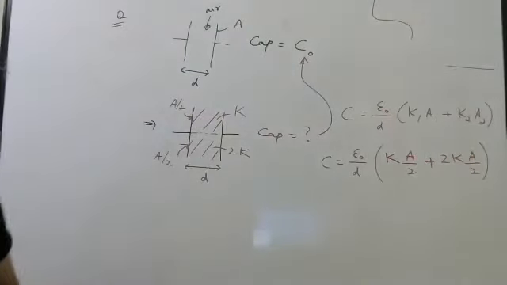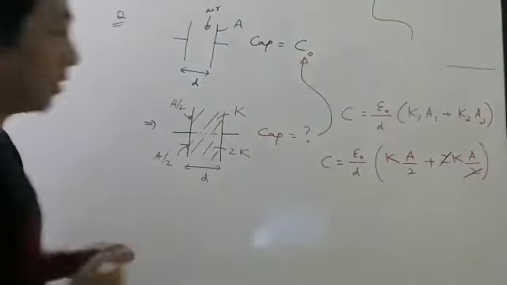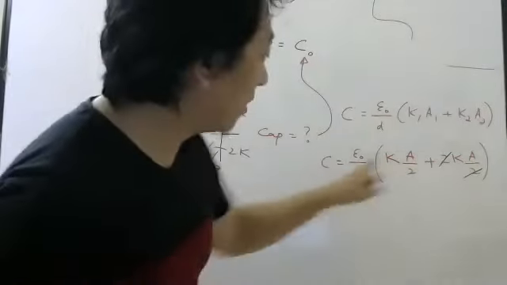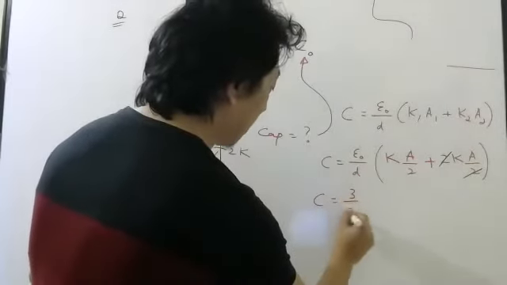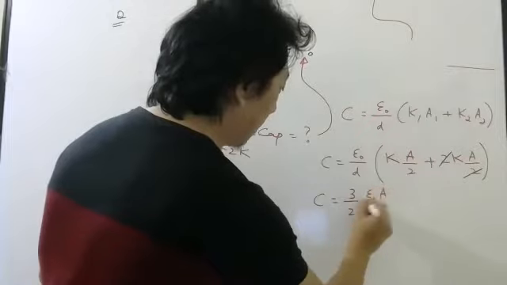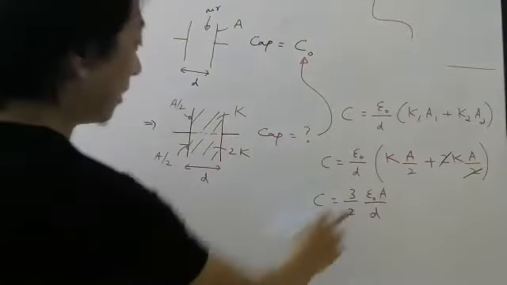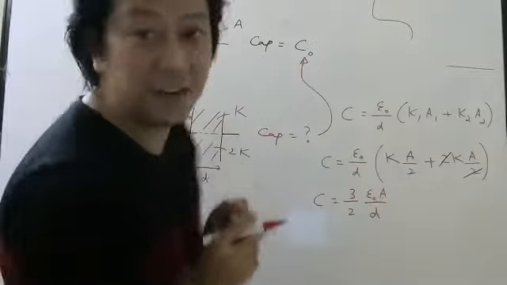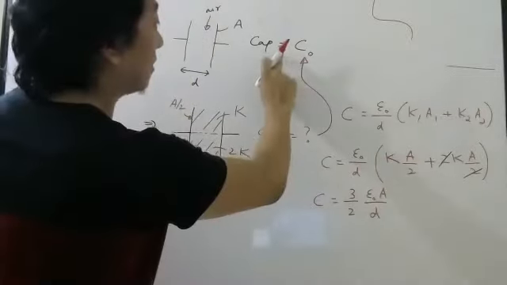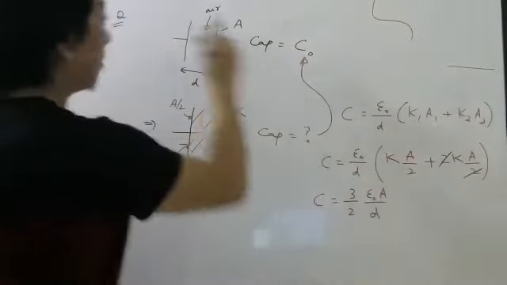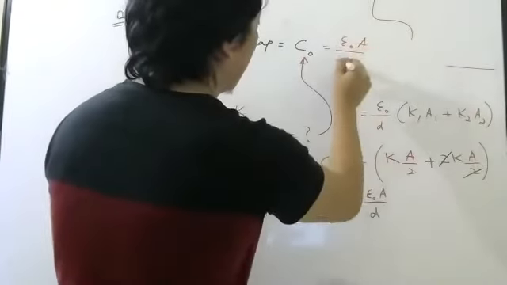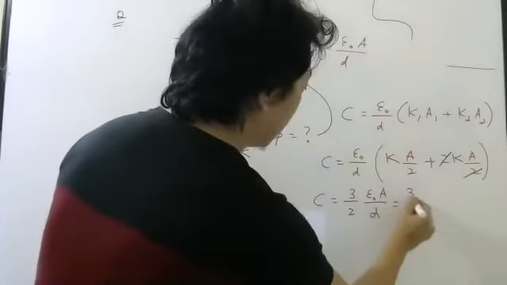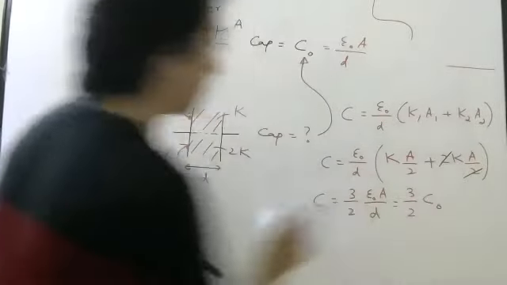Right? So what will happen? This 2 and 2 I can cancel. Half plus 1, KA will be common. Half plus 1 is 3 by 2. So C will be 3 by 2 epsilon naught A by D. But what is epsilon naught A by D? Already we know in air the formula is epsilon naught, this area divided by D. So it will be 3 by 2 C naught.